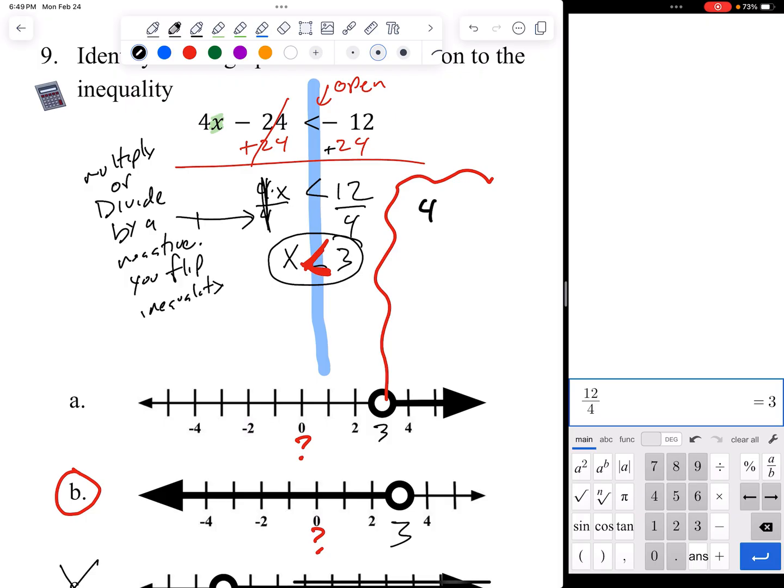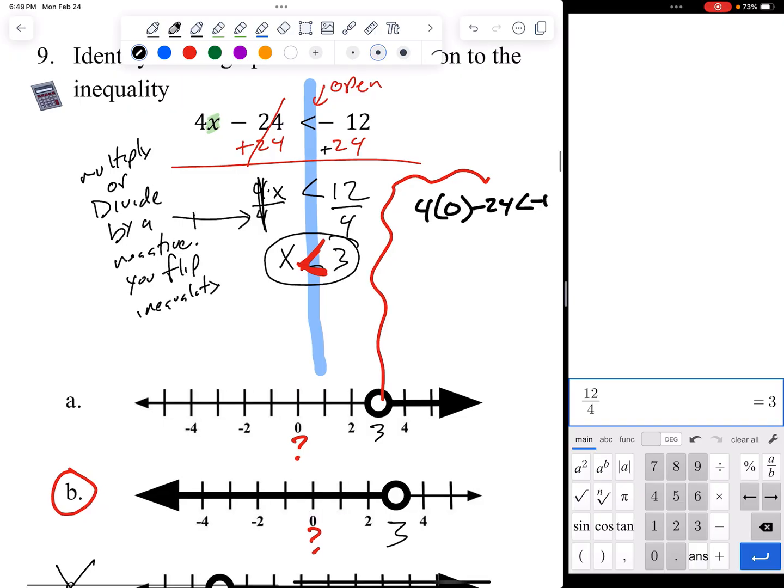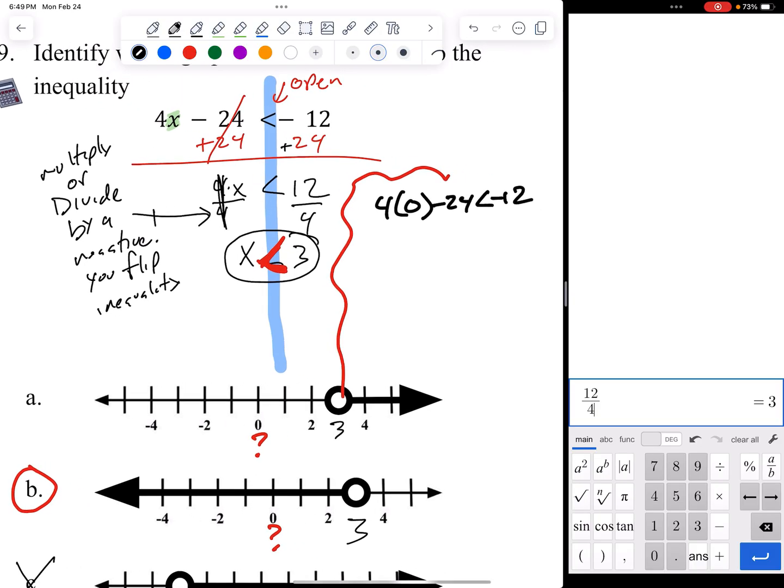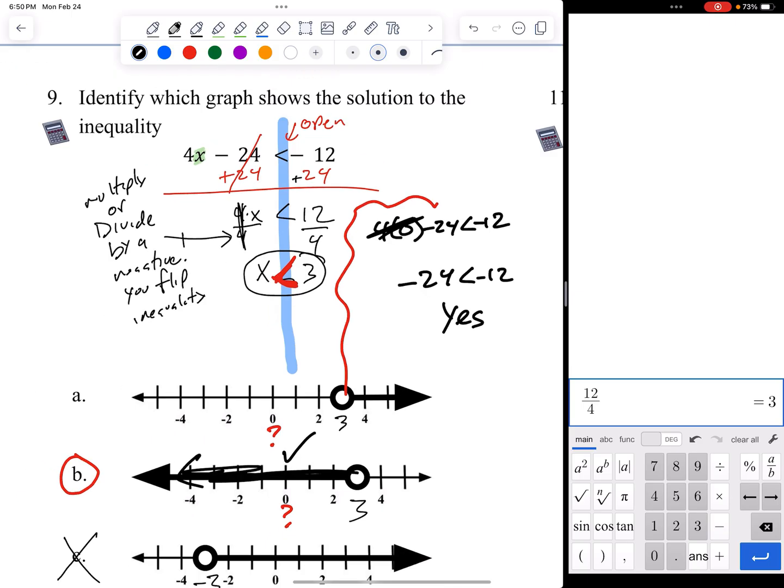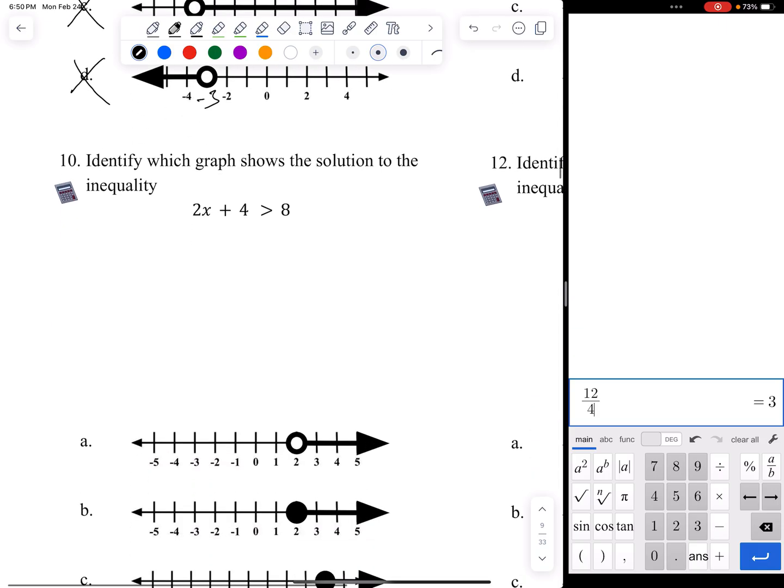So 4 times 0 minus 24 is less than negative 12. 4 times 0, this is why I love 0, it's just 0, so it just goes away. So in other words, is negative 24 smaller than negative 12? Is that true? Yes. So in this case, it worked out. If it works out, you have to go in the direction of 0. And you'll see what I'm talking about in a little bit. I'm sure it'll happen in one of these.